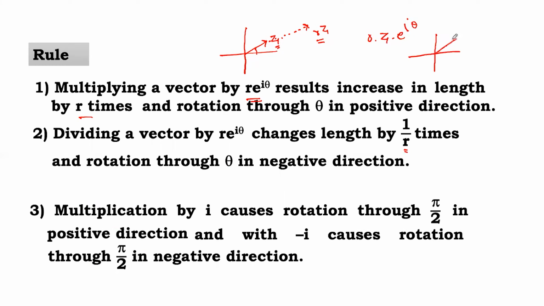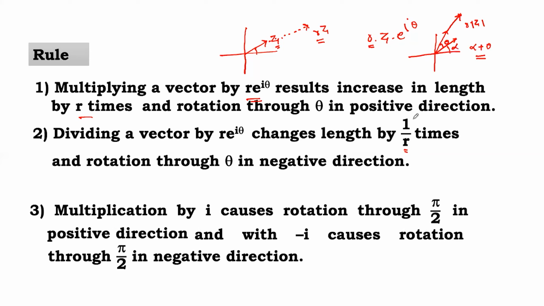If this is Z, after rotation it's coming here, right? This angle is theta. And now the magnitude may be increasing or decreasing, depending on the value of r. If r is greater than 1, it will increase and go here. So this is r into mod Z1, the length of this, and if the angle was alpha, the new angle is alpha plus theta, right?